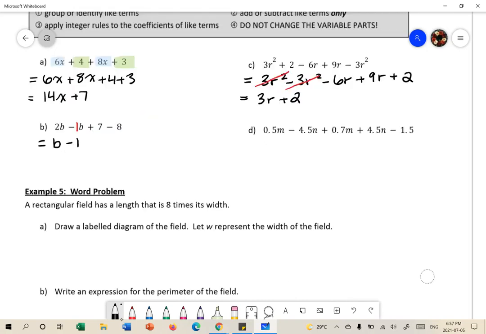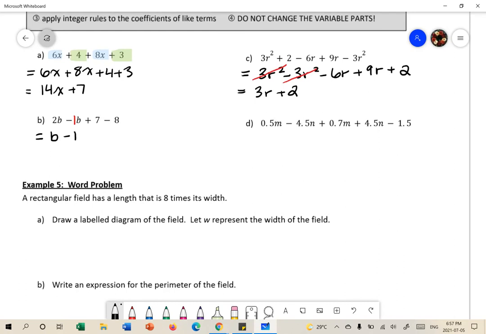And then D, these are decimals, which is fine. What's important is the variables. That's going to identify whether or not they're like or not. So I'm going to write all my m terms beside each other. And then all my n terms beside each other.